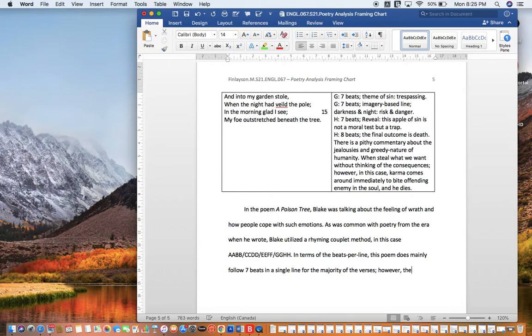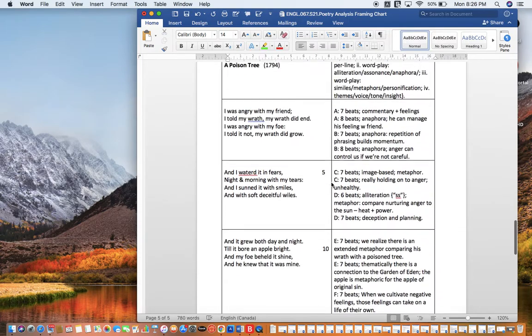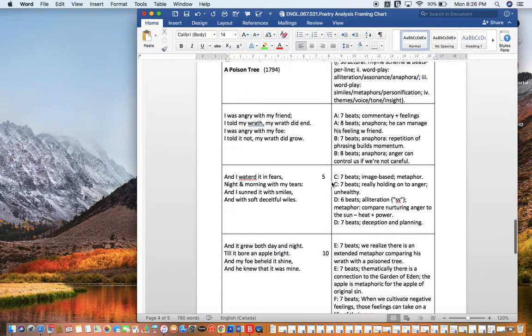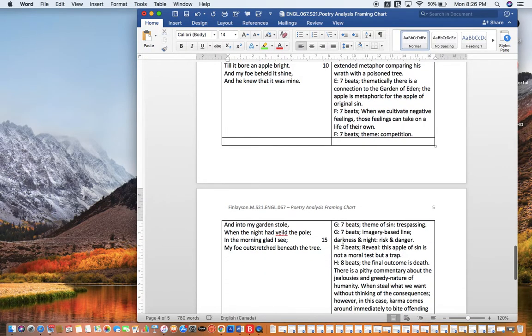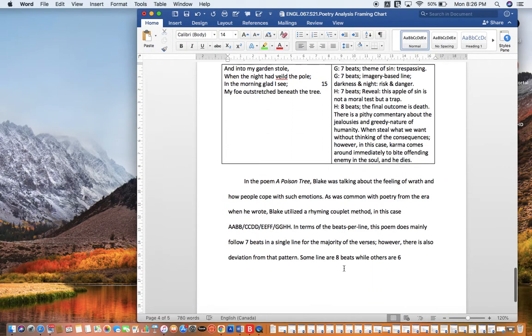However, there is also deviation from that pattern. Some lines are 8 beats, while others are 6. So if we just jump back, 7 8 7 8 7 7 6 7 7 7 7 7 7 7 7 8.